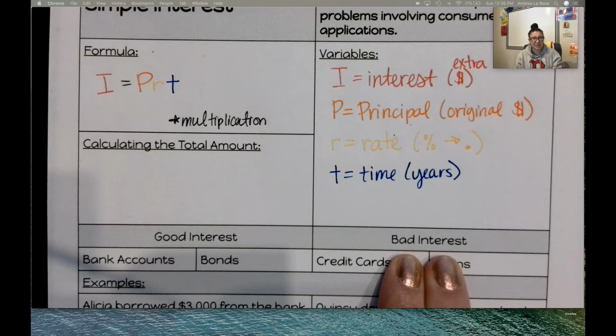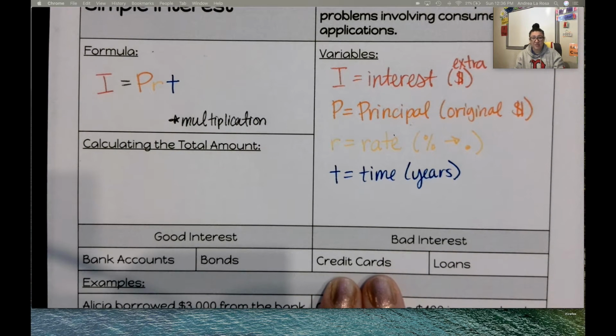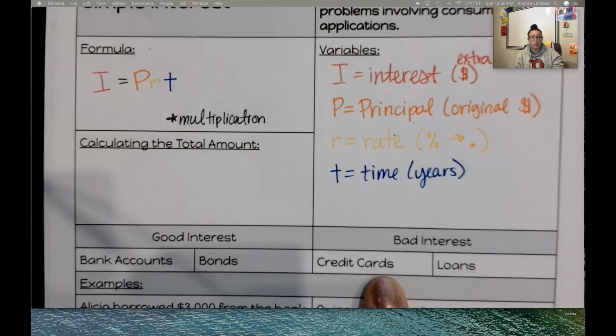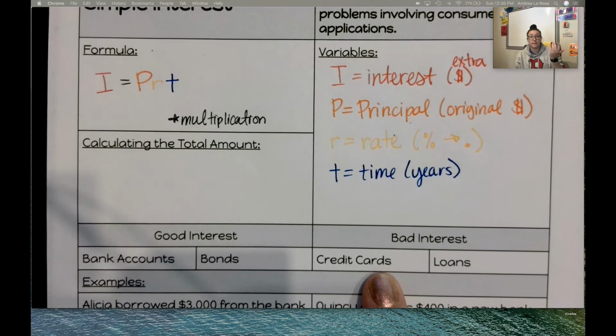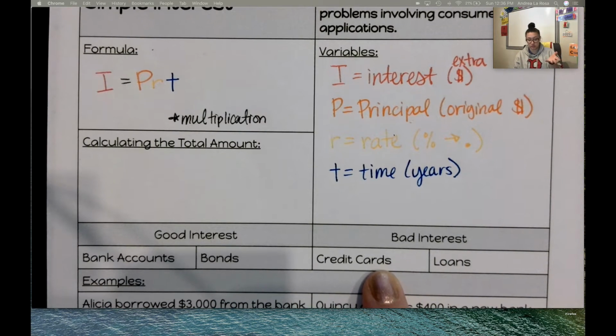But then there's also bad interest. If I have a credit card, every time I spend on my credit card somewhere, I pay the bank the amount of money that they let me borrow to buy those items, those clothes, my car, whatever. But then I have to pay them interest on top of it. So I pay for however much those clothes cost me, plus extra money because they let me borrow it.